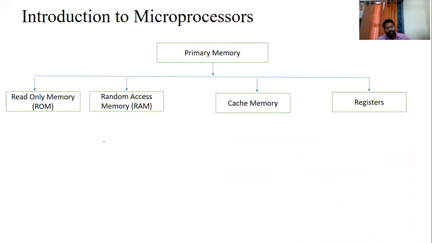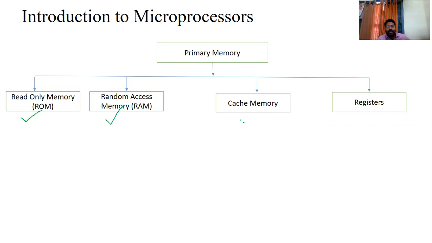Then what are the memories? You can divide memory into two different types: primary memory as well as secondary memory. What are the primary memories? Read-only memory and random access memory, that is ROM as well as RAM.